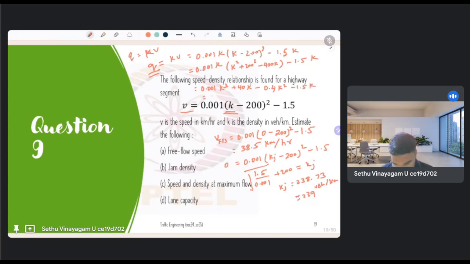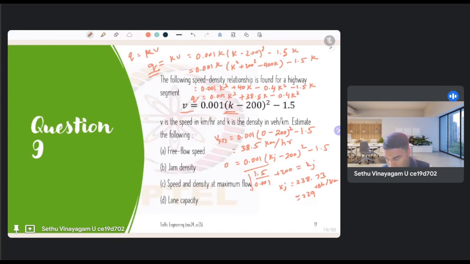So that is 0.001 k cubed plus 40 minus 1.5, that is 38.5 k, minus 0.4 k squared. So this is your function q.